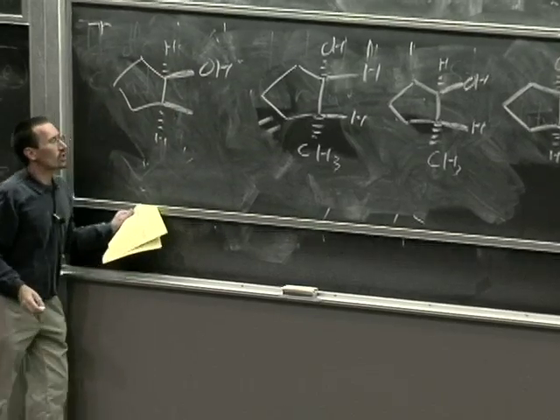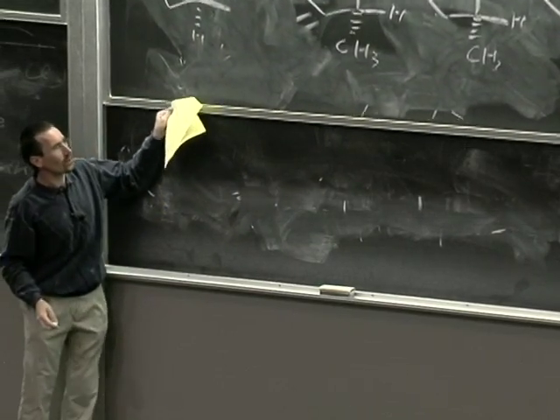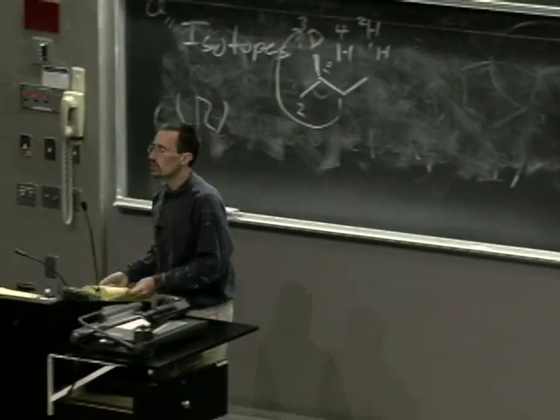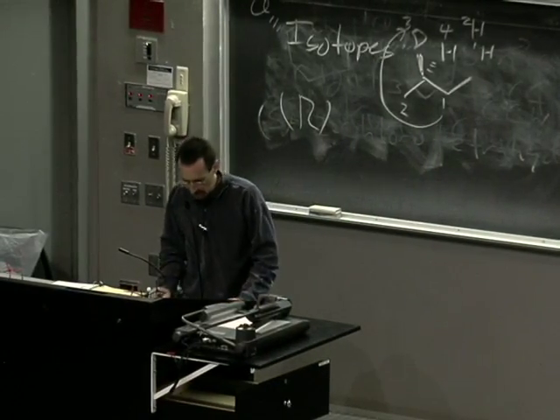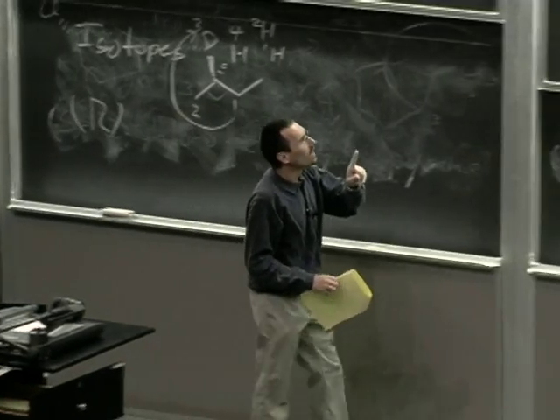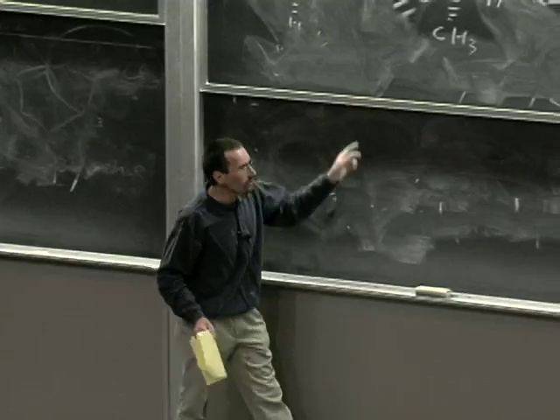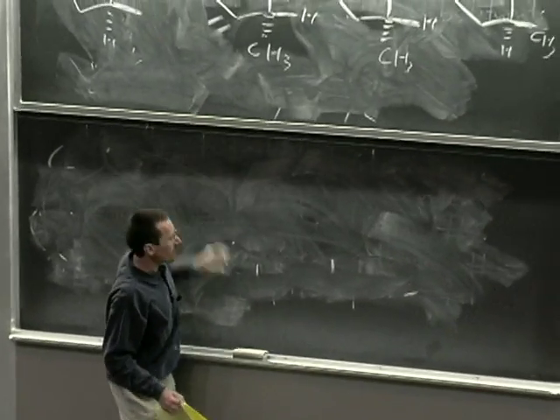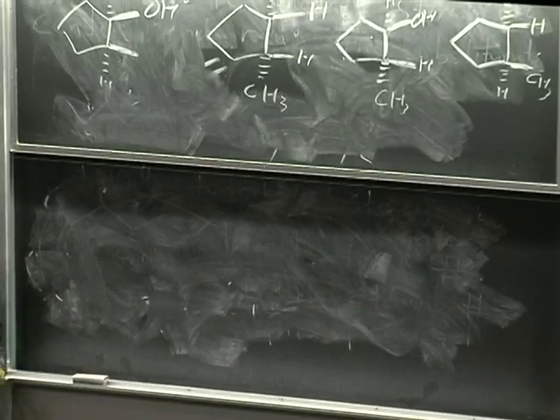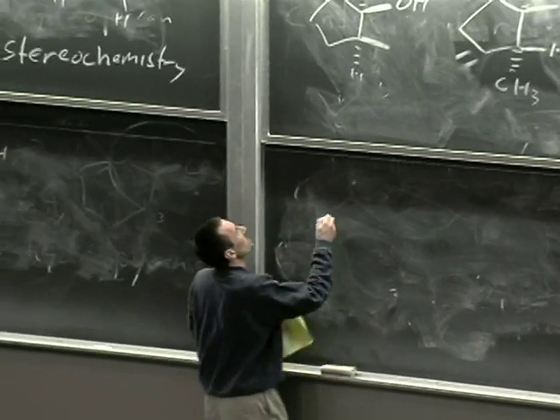And I just want to show you how we can very quickly assign the stereochemistry to all 4 of these molecules of 2-methyl-1-cyclopentanol. The trick is we only have to assign stereochemistry to 1 of them, and then just watch what I do with the stereocenters.